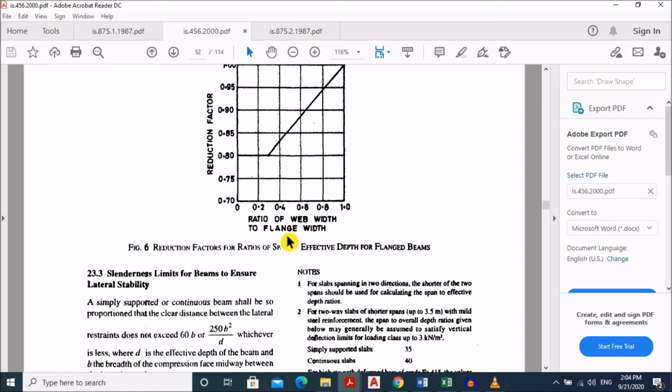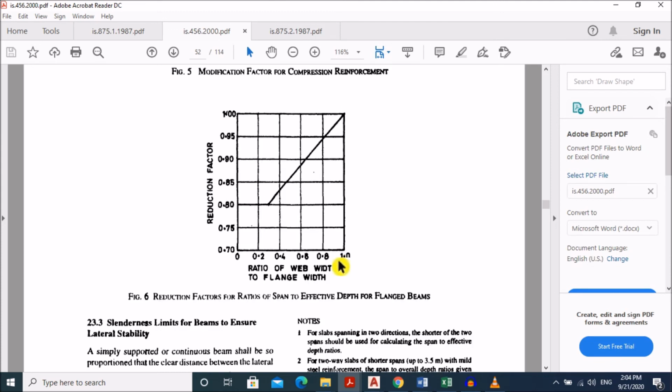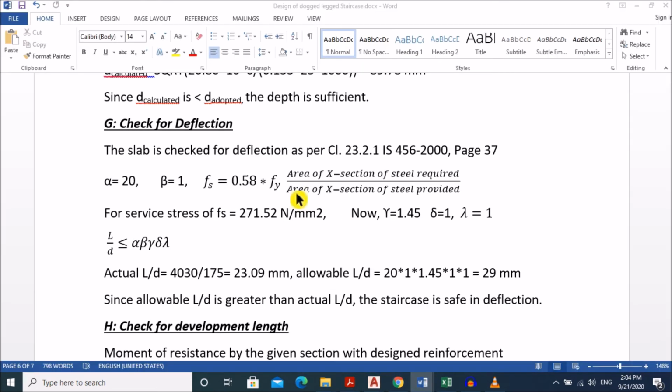Since this is a rectangular section, the web width to flange width would be 1, right? For 1, the reduction factor would again be 1. So we choose value 1.